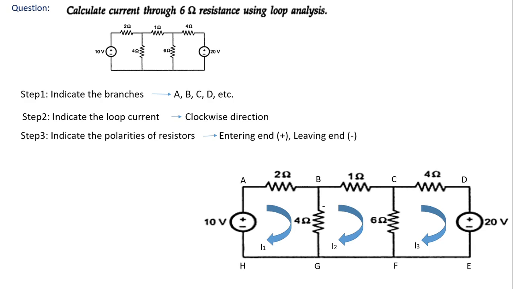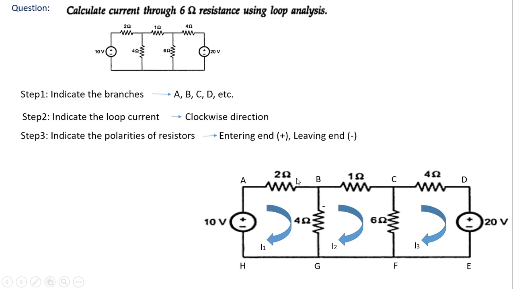And step 3 is to indicate the polarities of resistors. Basically the polarities of resistors are indicated based on the direction of loop currents. Let us consider the first loop. In the first loop, I1 is the loop current.